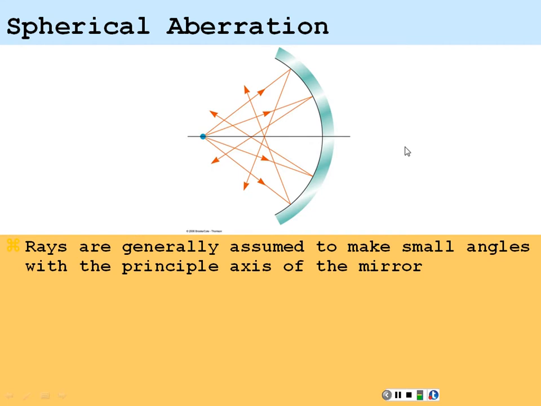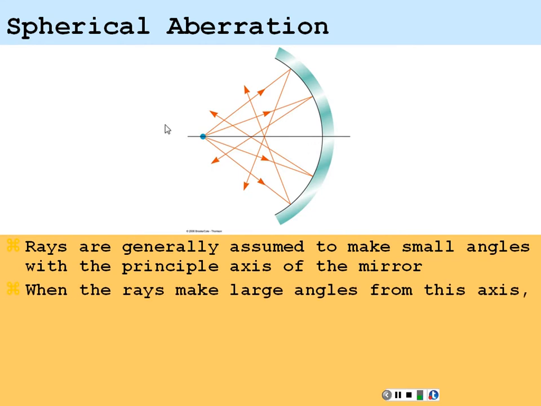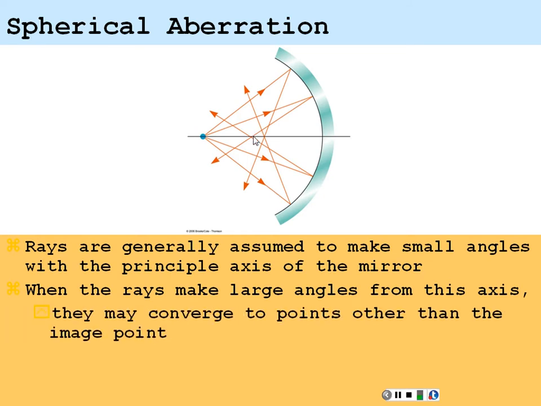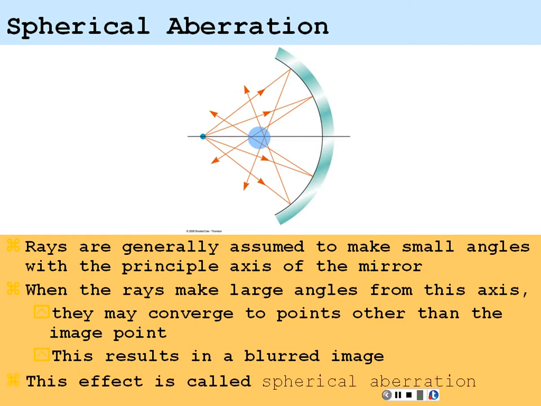So as you get away from small angles with the principal axis, which is the middle axis, the rays that make large angles from this axis will converge to points that are nearby, but not exactly at that image point. This will give you a blurred image as you're trying to look at this real image. We say that this is spherical aberration.